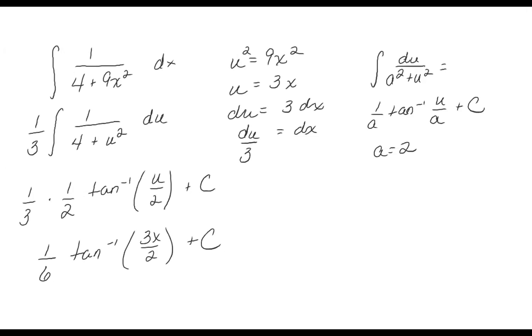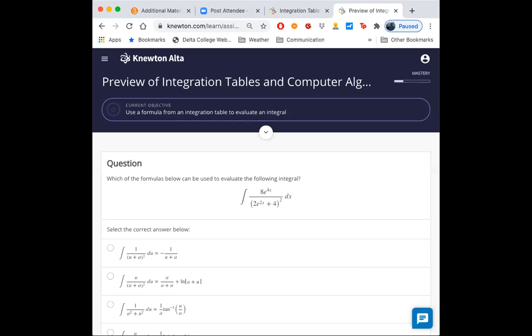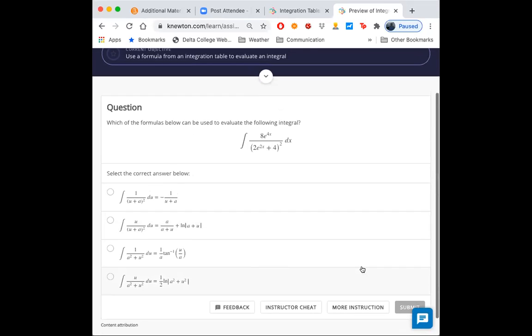All right, so here's a nice one. I'm going to switch my screen share back to me. Oops, I might need to fix this again so that you guys can see that table of integrals.